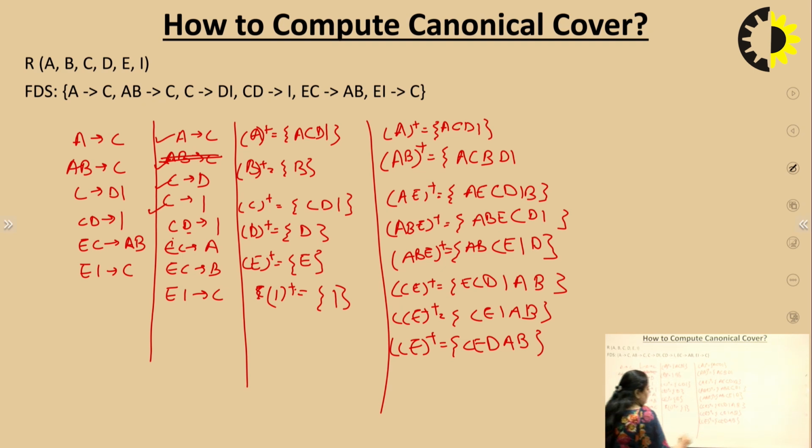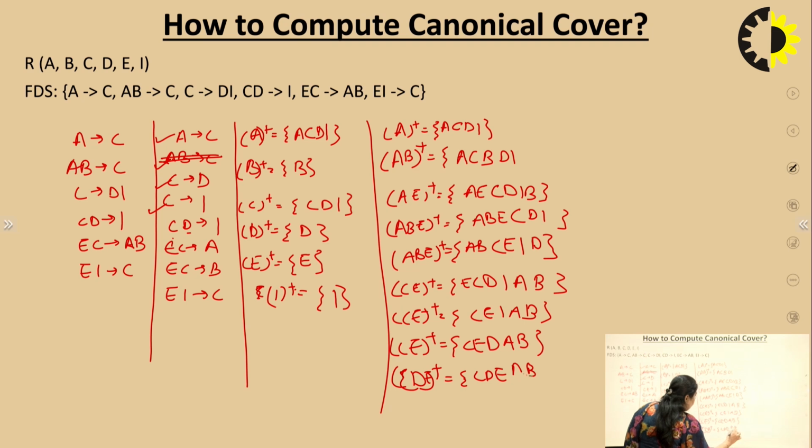Now hide the CD. Take the CD. What we are able to find? C, D and E. From EC we are able to find A, B, and from C we are able to find I also.